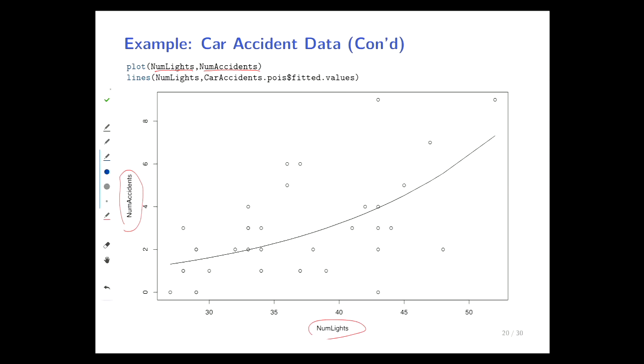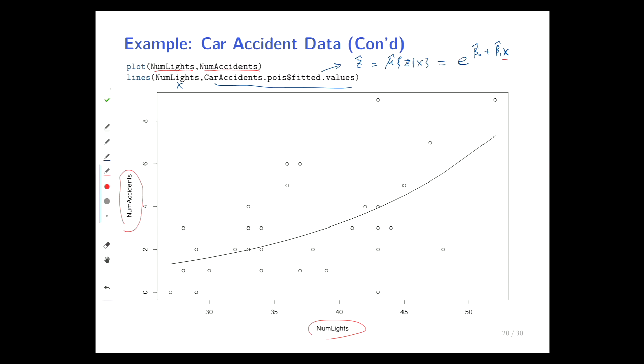If we have x as the number of traffic lights, then this is the fitted value Z hat, which equals mu hat Z given x. That's our estimated mean of response by plugging in the maximum likelihood estimation. Here we only have one explanatory variable.